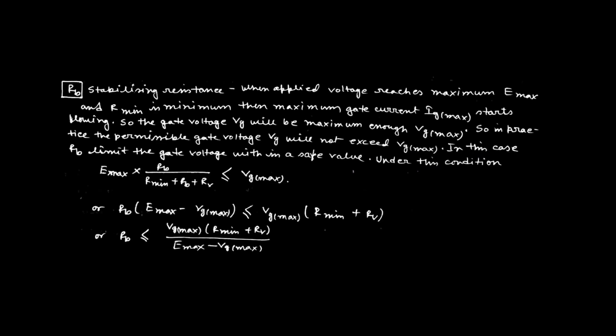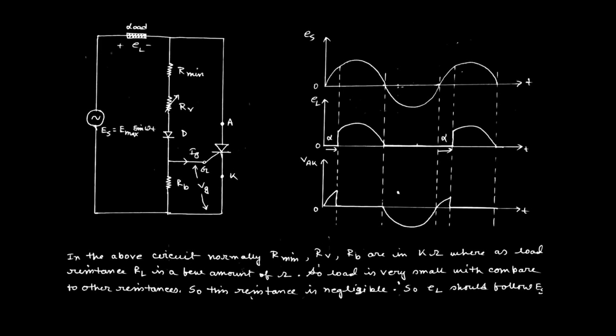Now the question for RB, or the stabilizing resistance. Normally it is connected across the gate and cathode terminal. That means, as it is connected in parallel with respect to the gate and cathode terminal, it is able to protect against over voltage across gate to cathode.